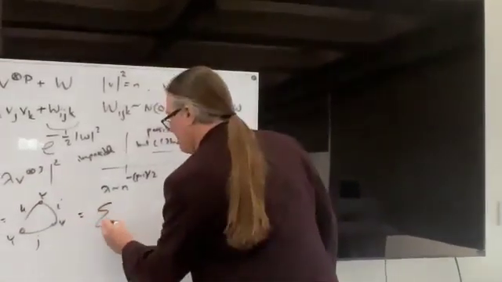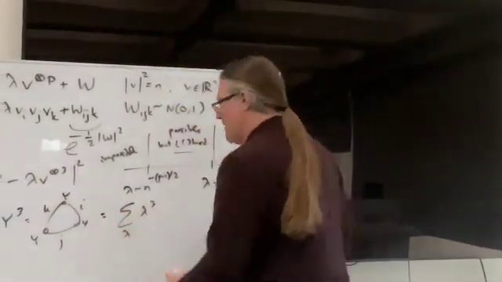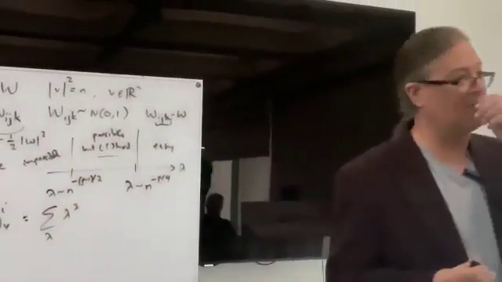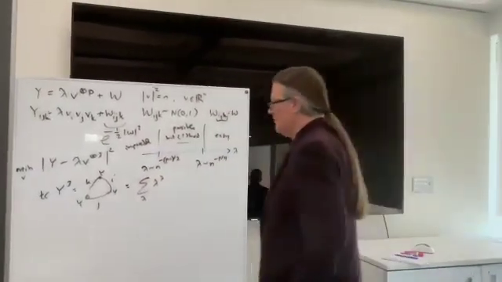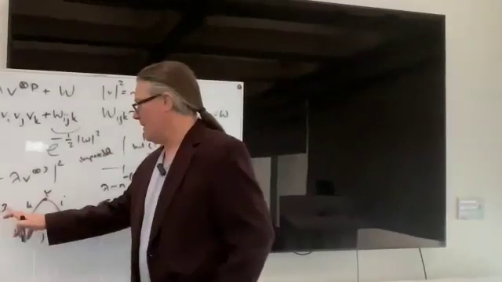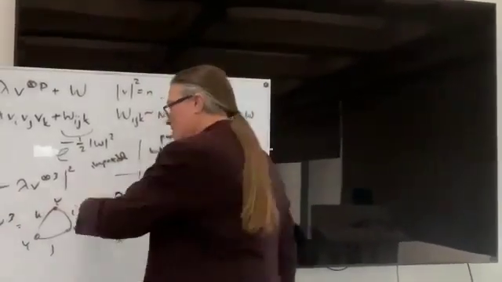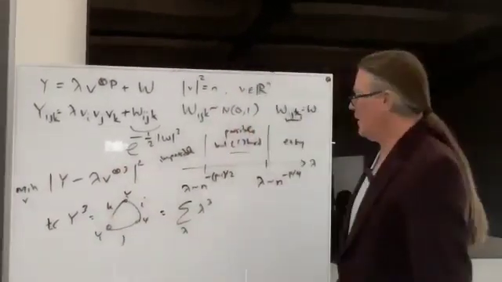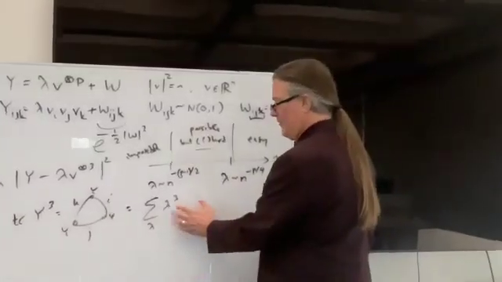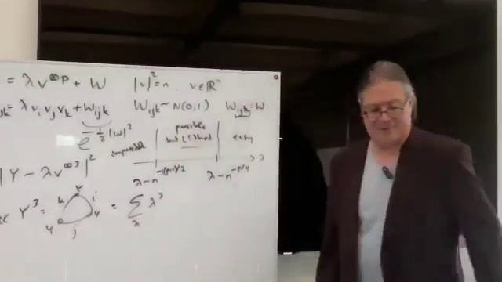But this is also the sum of the third powers of all of the eigenvalues of the matrix. And as you go to higher and higher powers of the matrix, looking at bigger and bigger loops, eventually what really matters here is just the largest eigenvalue lambda.